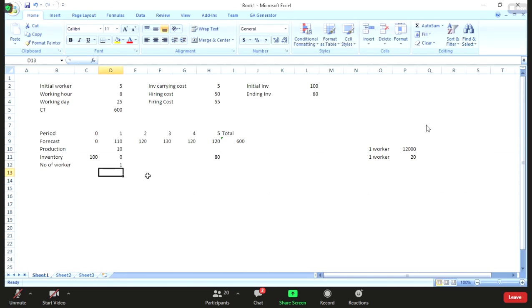Okay, so here we can add another information which is hiring and hiring cost, and firing, and also the firing cost, and inventory cost.